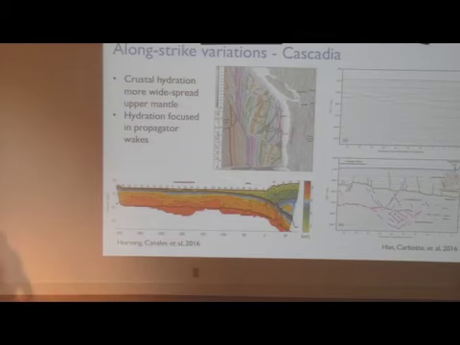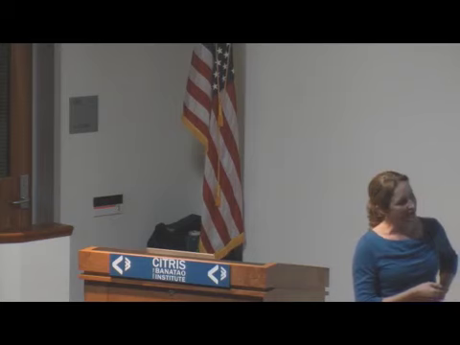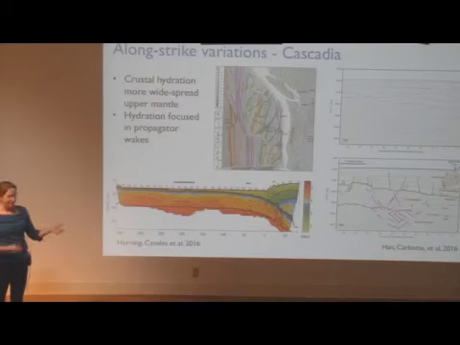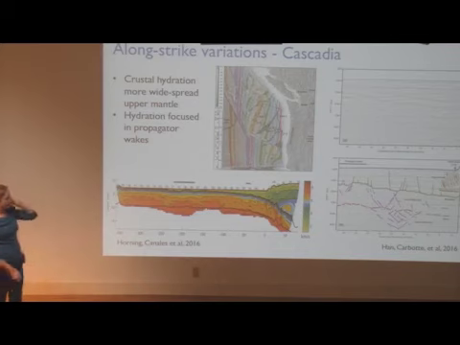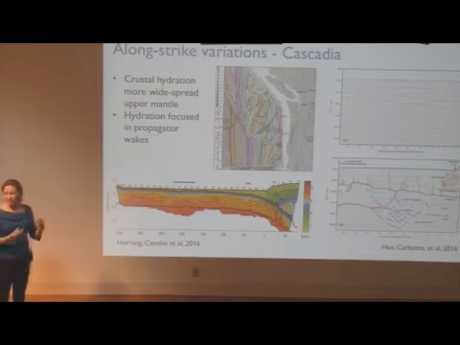And just before I leave behind the hydration story, another puzzle for us in our community right now is that the way that these bending faults appear in our data can be really different from place to place. So here in Cascadia, and in the famous Renero example from Costa Rica, you can actually see some nice reflections off of some faults that are in the crust.